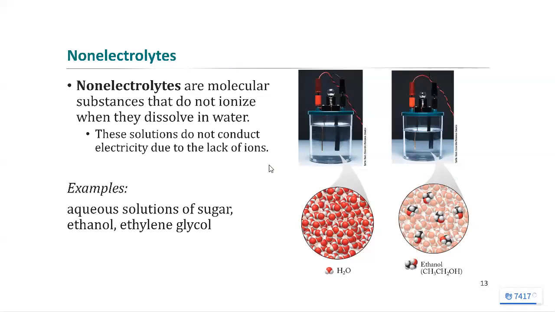We can now finally talk about that third category, the non-electrolytes, the substances that don't conduct electricity at all. Now, what's important about these is that we have to recognize that these substances can still dissolve in water.